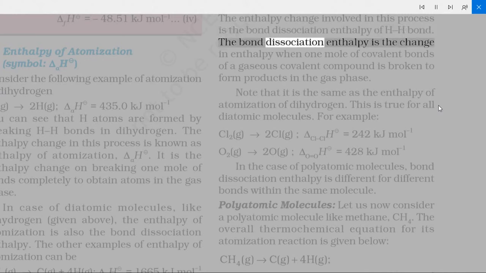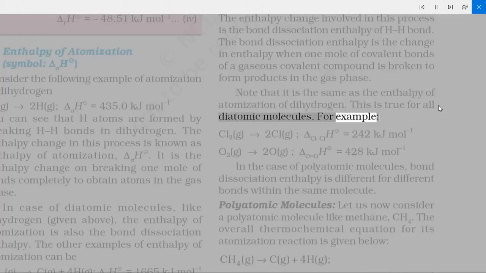The bond dissociation enthalpy is the change in enthalpy when 1 mole of covalent bonds of a gaseous covalent compound is broken to form products in the gas phase. Note that it is the same as the enthalpy of atomization of hydrogen. This is true for all diatomic molecules.